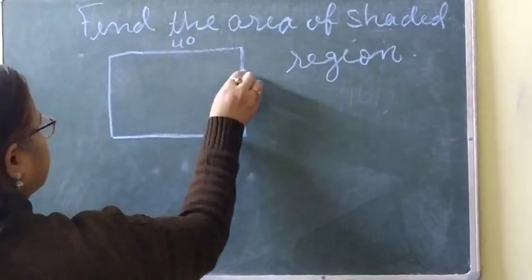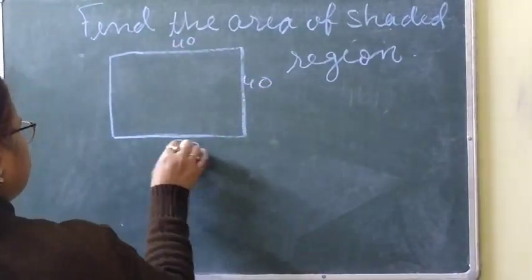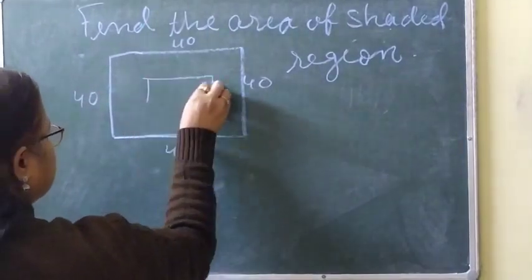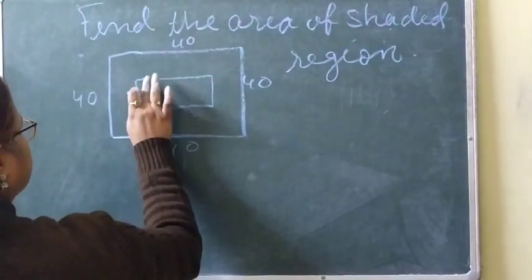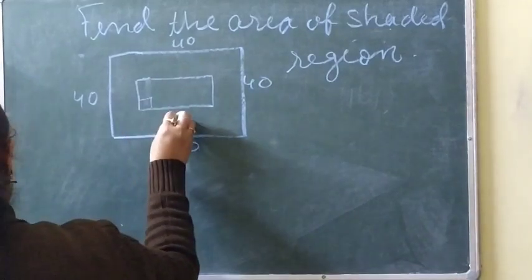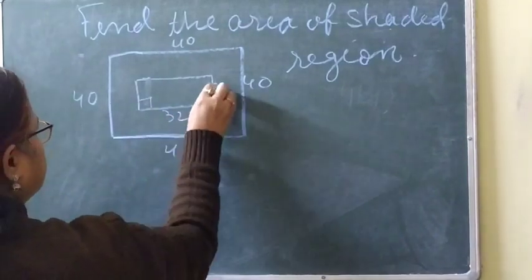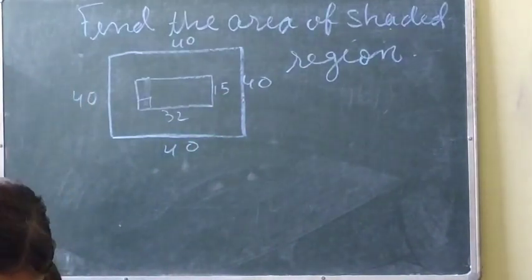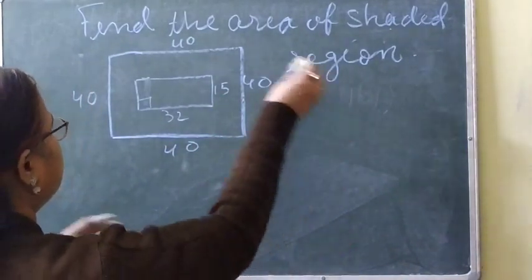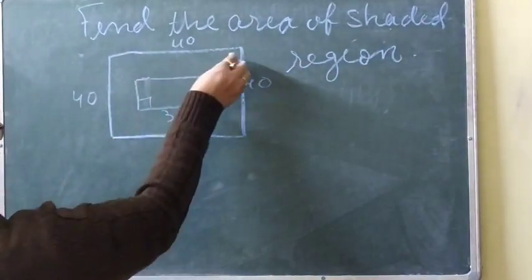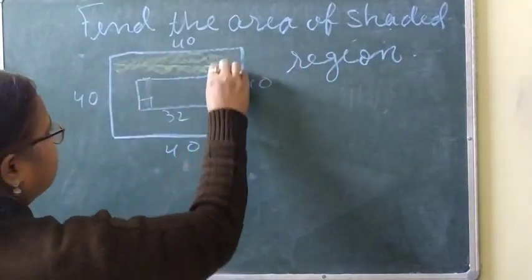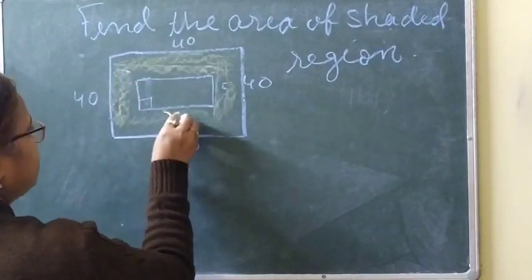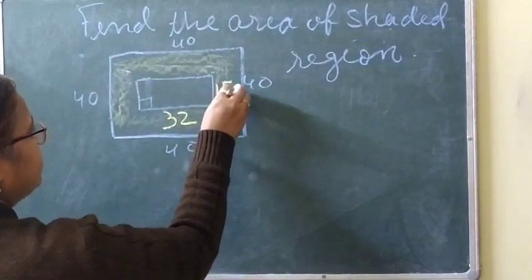This is 40, this is 40, this one is 40, this one is also 40. And here it is given 32 and then 15. Okay, how we will solve this type of question? And this part is shaded.